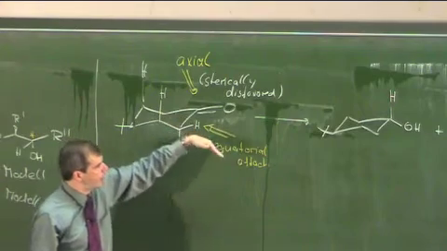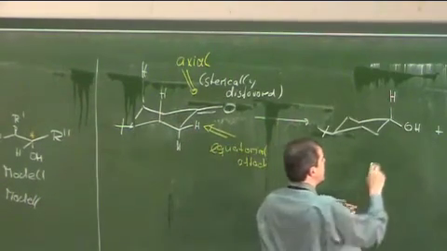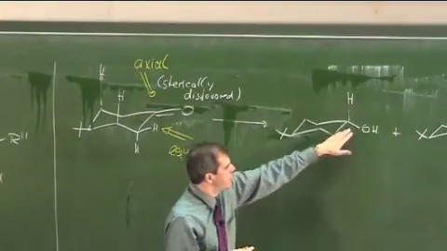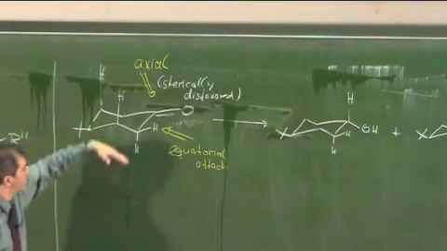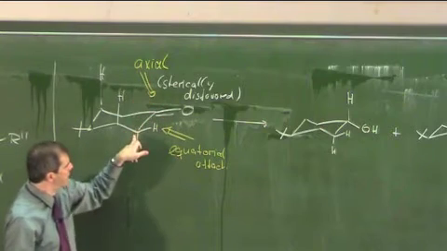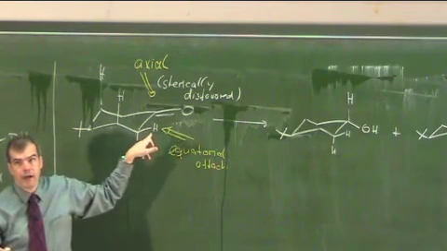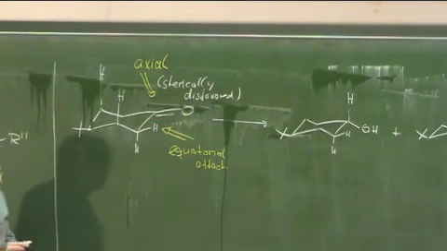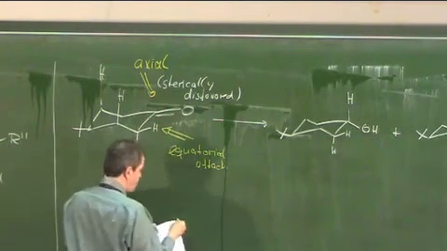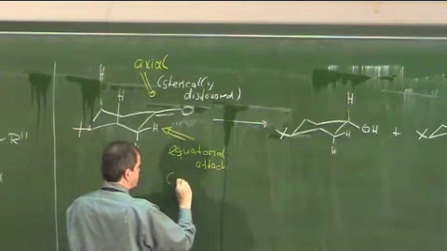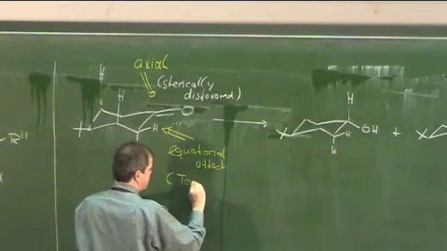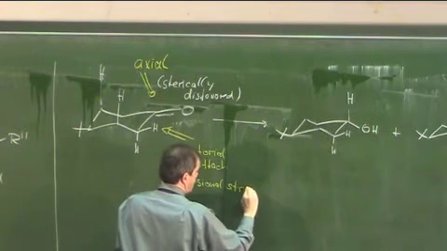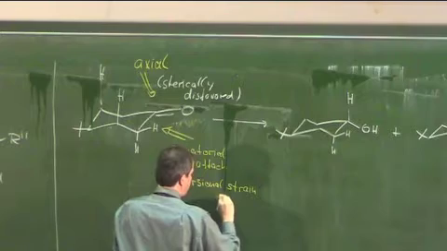If it stays equatorial, it just dips a little bit down, but it does not have to eclipse any of these two hydrogens. If it moves up, it has to eclipse this hydrogen on its way, and therefore this builds up torsional strain in the transition state.